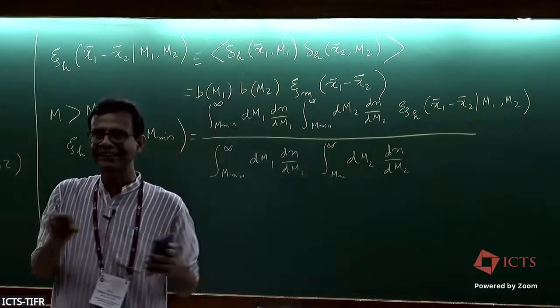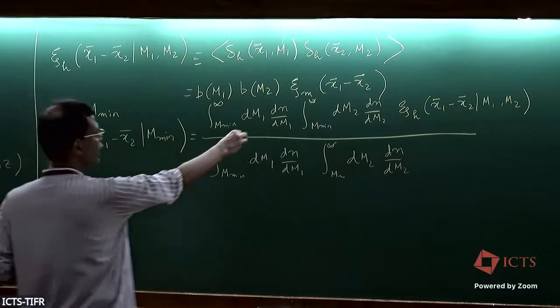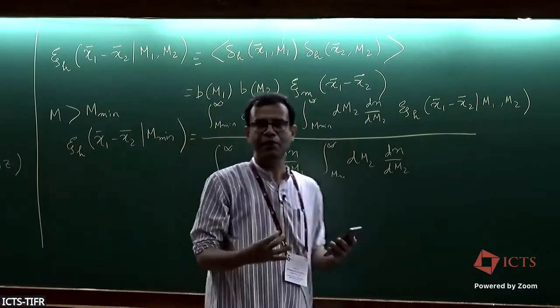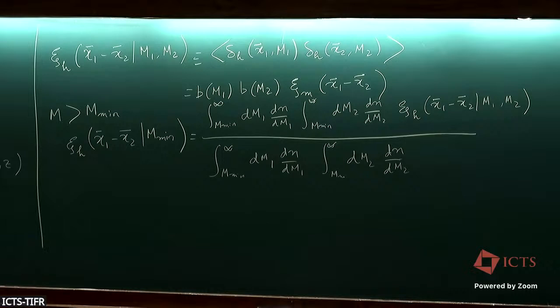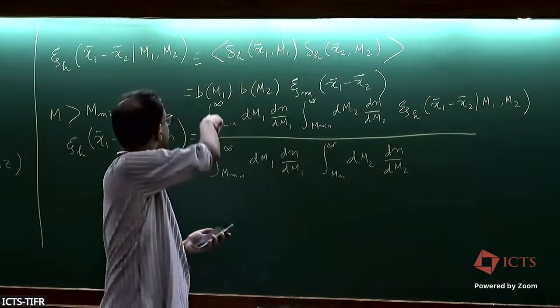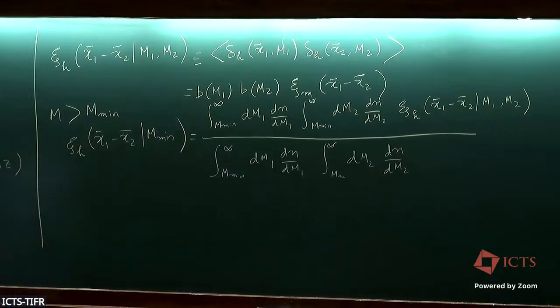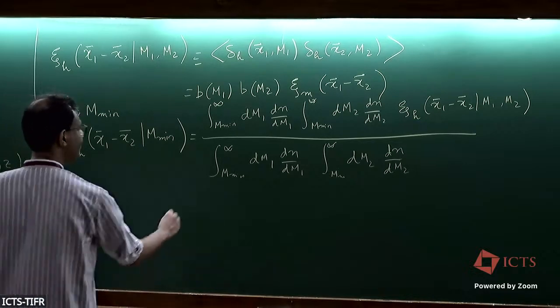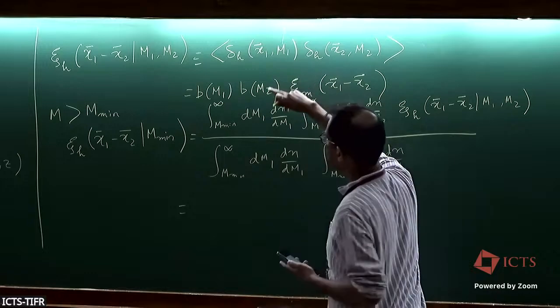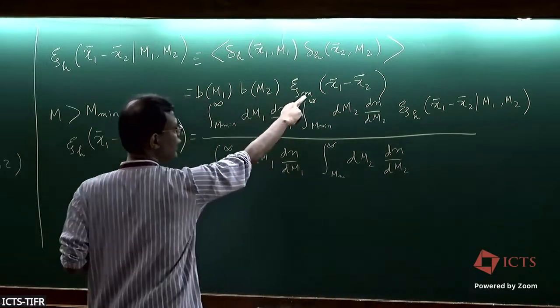However, not all masses are equally probable. So I have to make sure that I count the number, I weigh it by the number of halos of that mass. Very clearly the high mass halos will be exponentially suppressed. So even if I take into account all the masses above m min, very high mass halos will anyway not show up. So that is accounted for by this integral. And if we put this back, this xi halo will be bm1 times bm2 times xi matter.